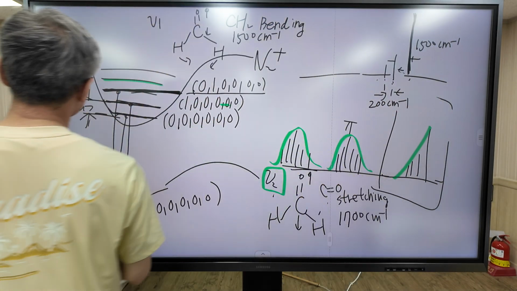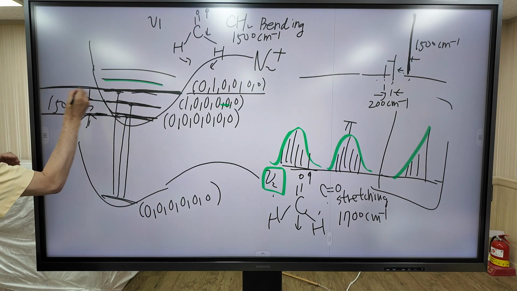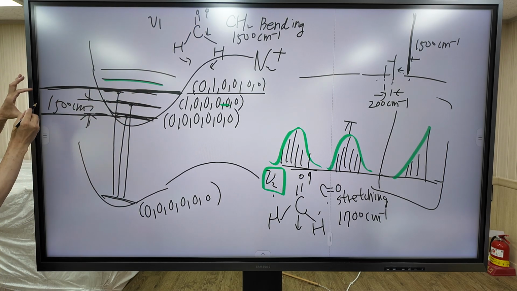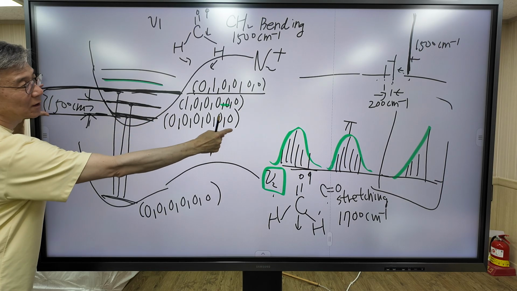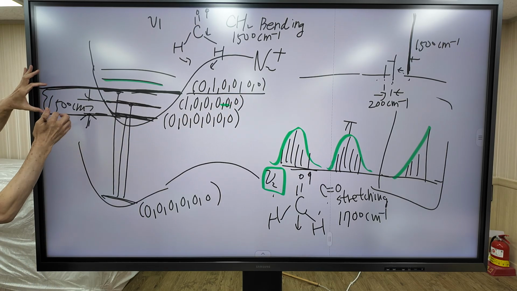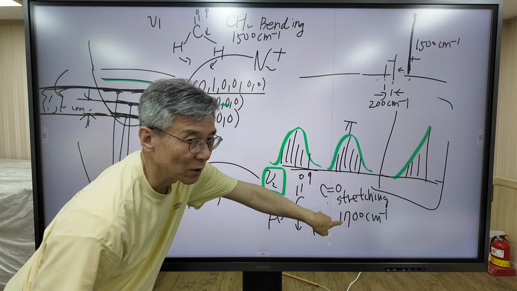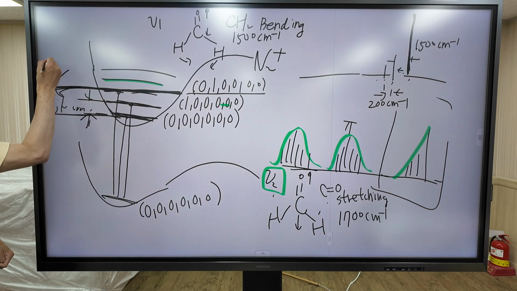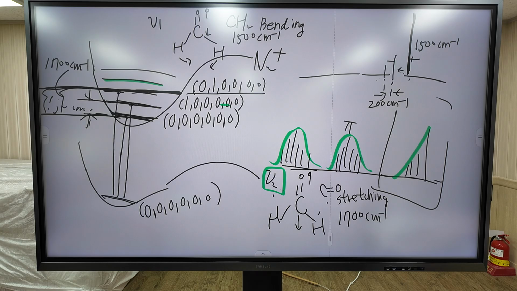Then what is the energy between this one and this one? What is the vibrational spacing of this one? This is 0, 0, 0, 0, 0, 0. This one is 0, 1, 0, 0, 0, 0. So this vibrational spacing corresponds to 1700. Understand?